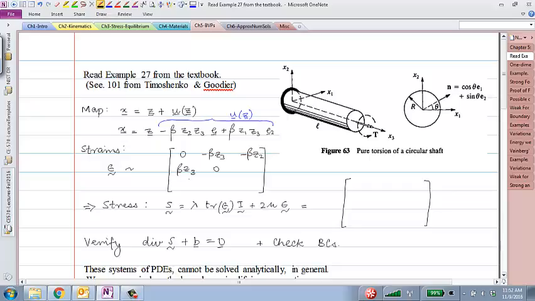Derivative with respect to Z2 is 0. Derivative with respect to Z3 would be beta Z1. And the third one is all zeros, but that is gradient of u, so I'll write that actually here.